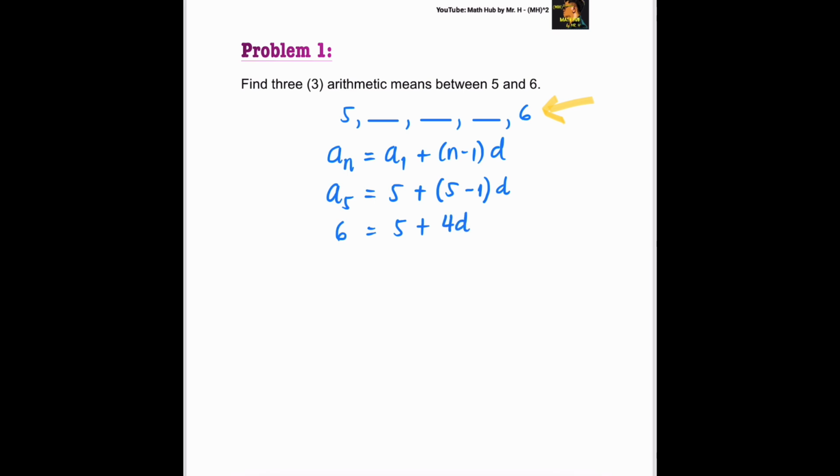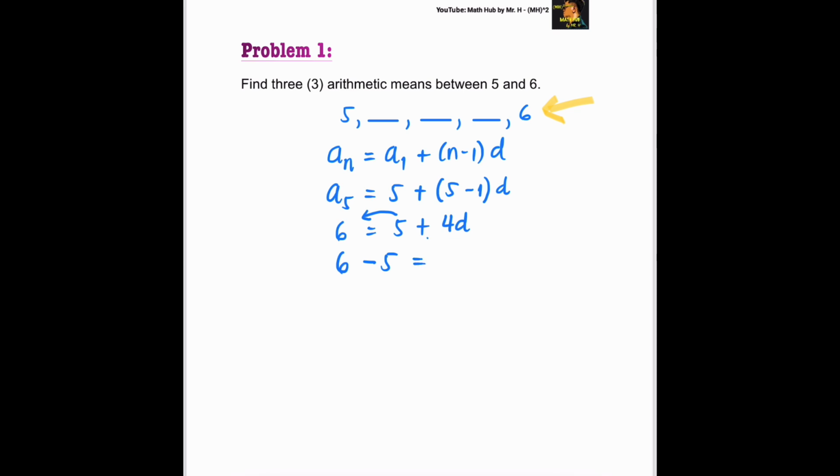And basically from here you can see that we're very close to finding the value of d, or the common difference. We need that information in order for us to know what the 3 numbers are that we are looking for. So 5 jumps over to the left-hand side. From positive, it will become negative.